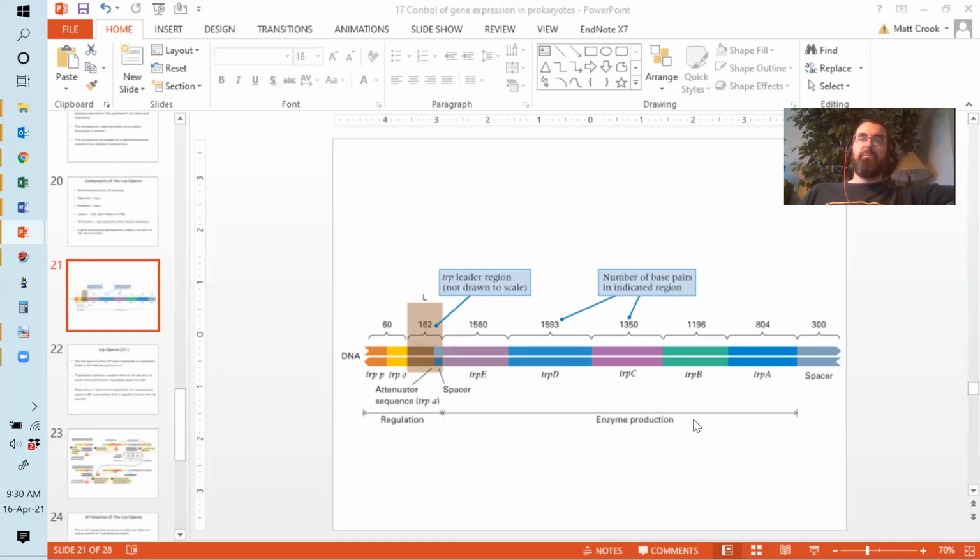Anybody remember? I'll give you one. One was rho-dependent or extrinsic termination, relying on a protein. Anybody remember the other one? Intrinsic. Good, thank you, Jeremy.